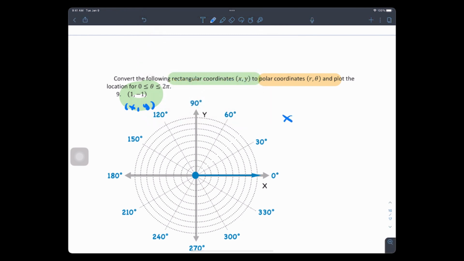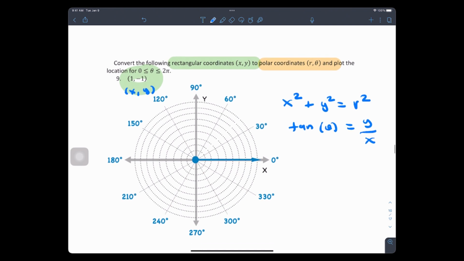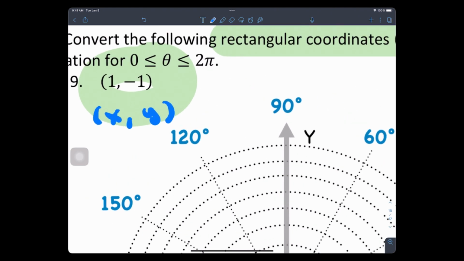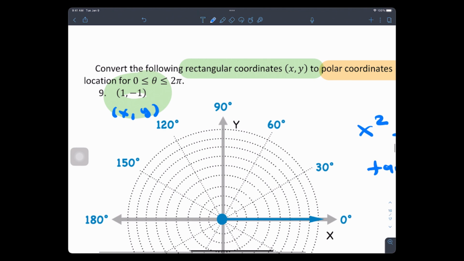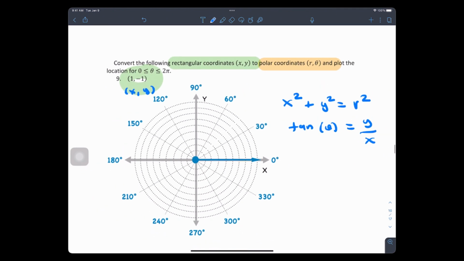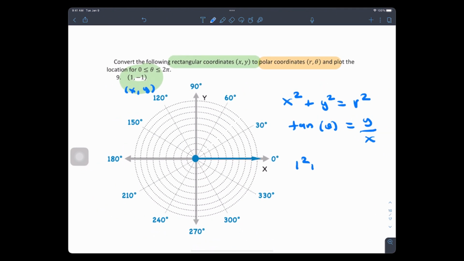So yes, x squared plus y squared is r squared. Tangent theta is y over x. So these are your x and y values. So if x is 1 and y is negative 1, we say 1 squared plus negative 1 squared is r squared.